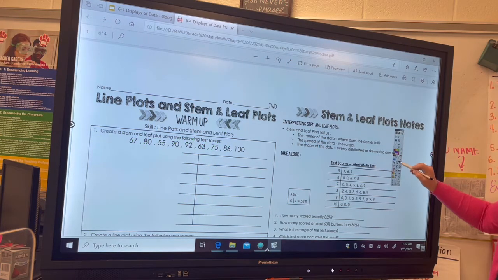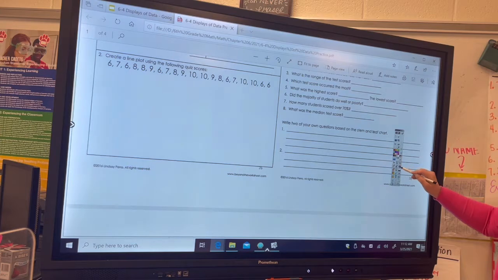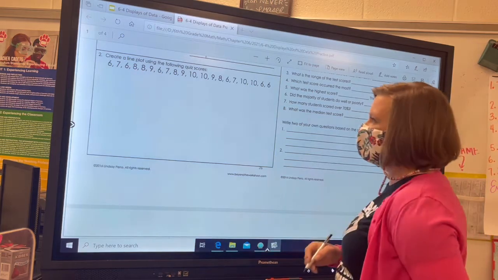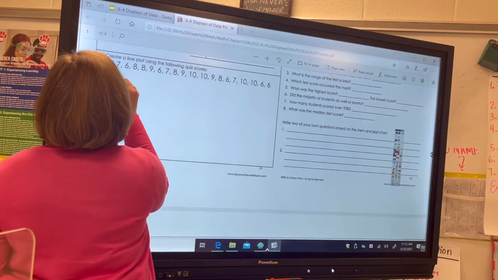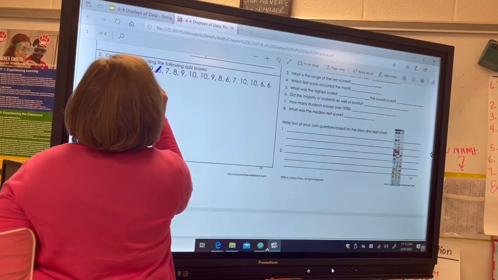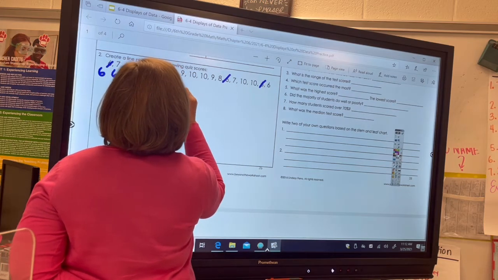Let's do our line plot. So when we create a line plot, what's the first step? We have to put our numbers in order least to greatest. So we have 6, 6, 6, 6, 6, 6.